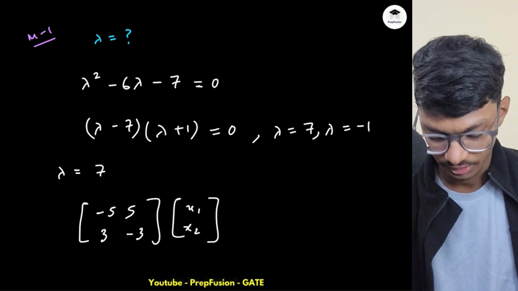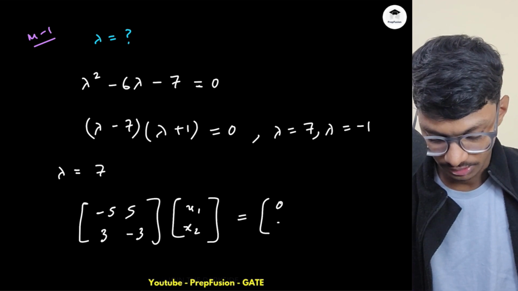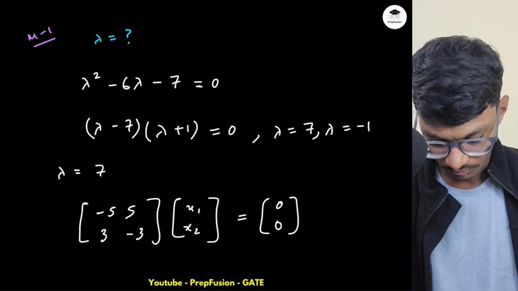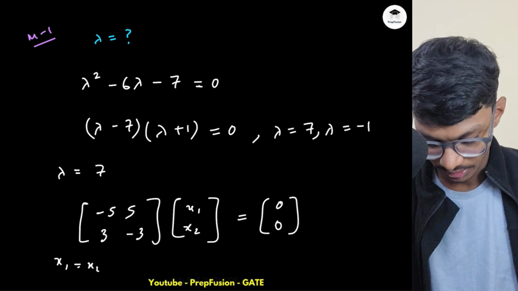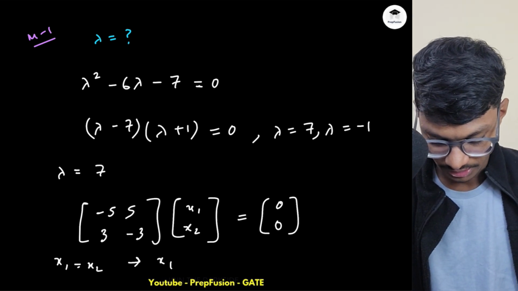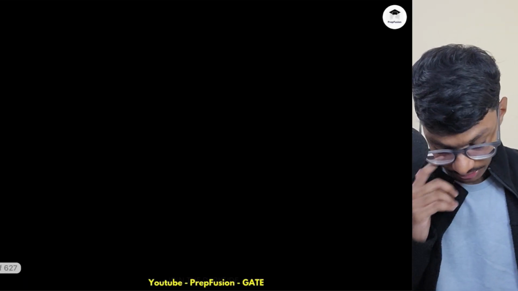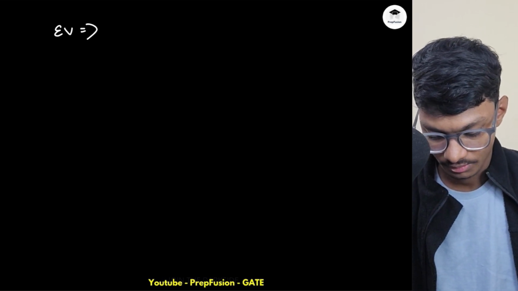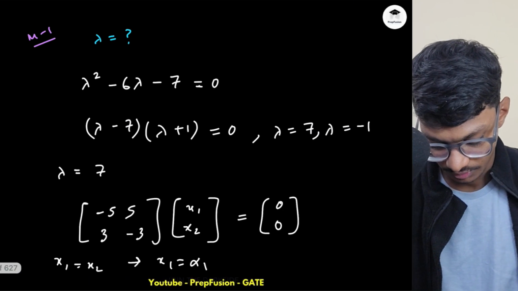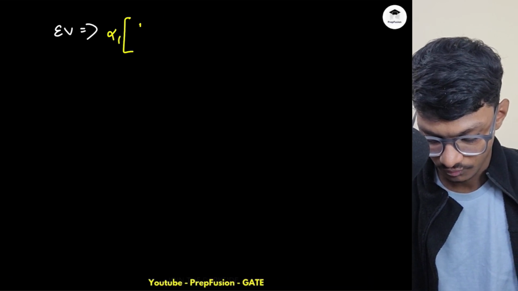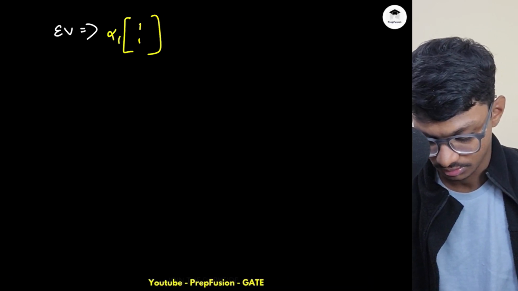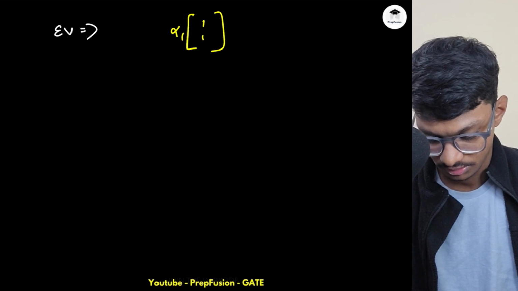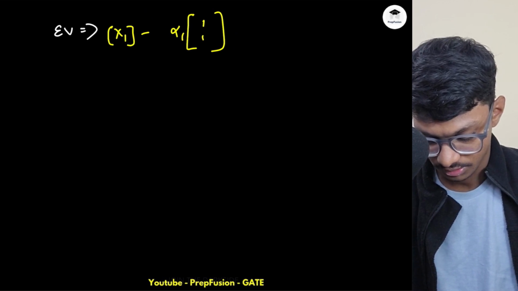Rank is 1 over here, so nullity will be 1 also. So x1 equals x2, so I can choose x1 as alpha 1, and my eigenvector will be alpha 1 times (1, 1).